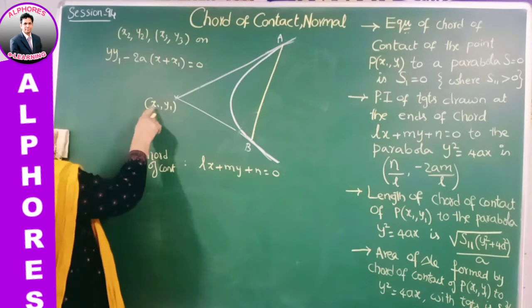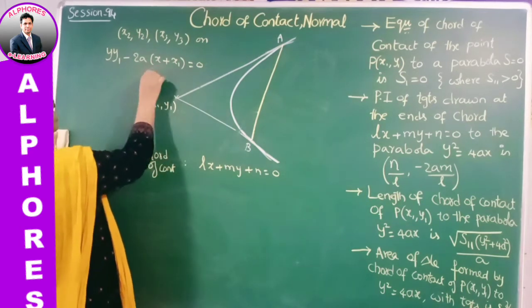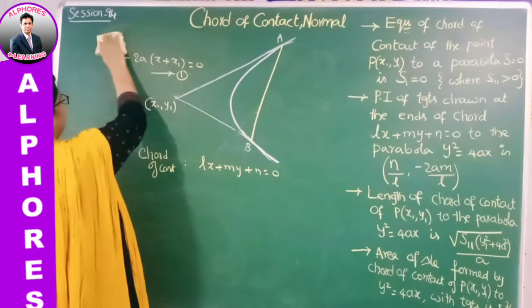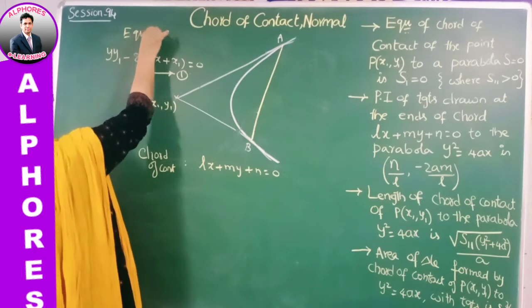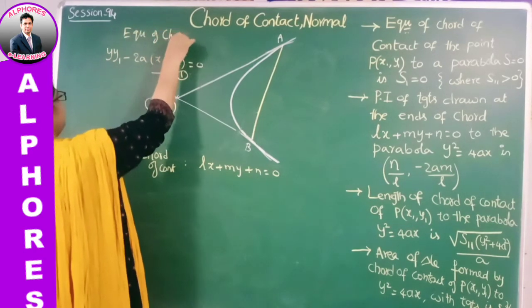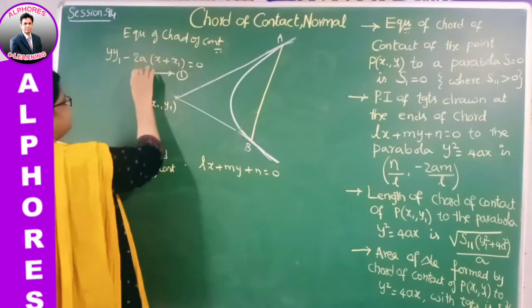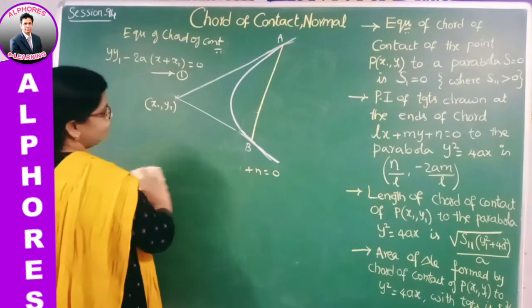So with respect to the formula, this is equation 1, the equation of chord of contact of the point x1 y1 with respect to the given parabola.